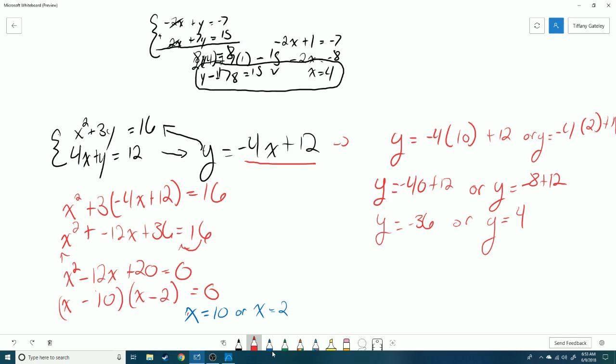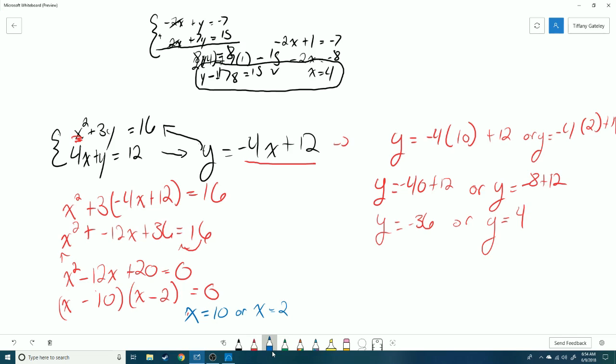Okay, and like I said, because this has an x squared, we know this has 2 answers. You can check both to make sure they both work, because sometimes it might only hit 1 point. So plug them both back.